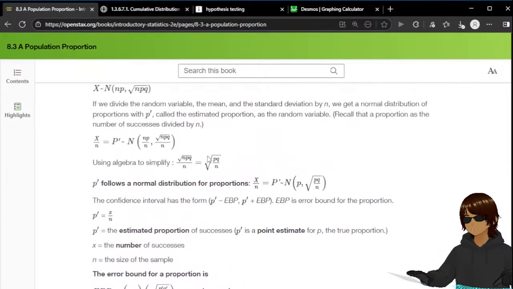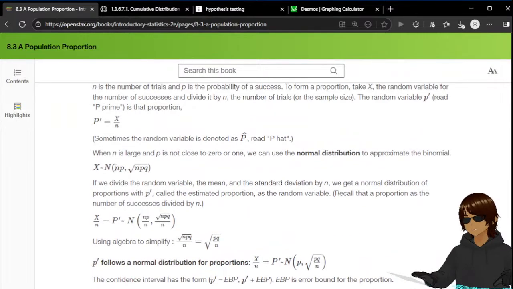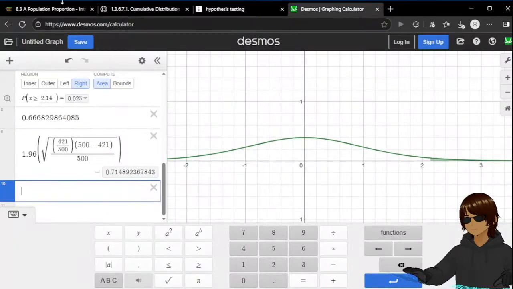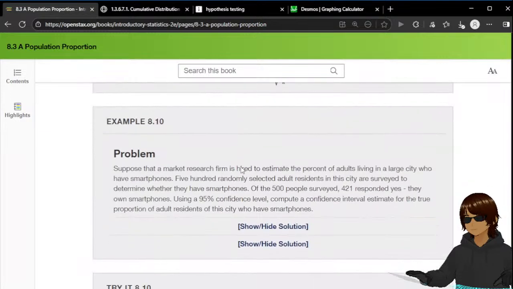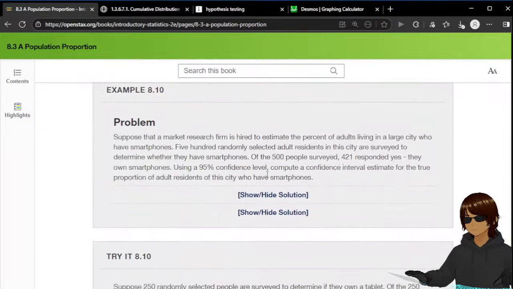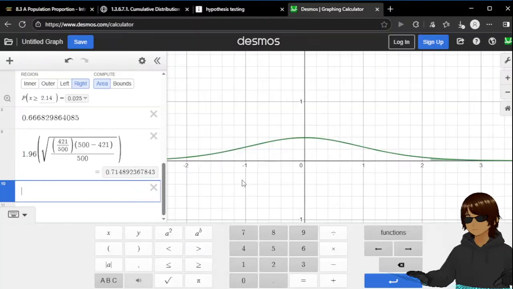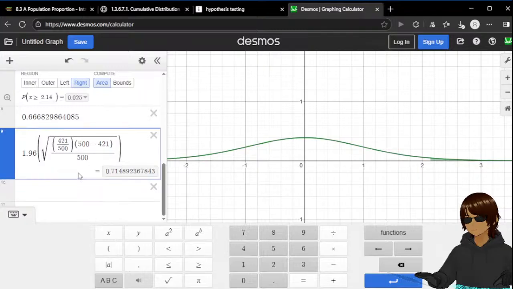Not square root, just 421. N times p. P is 421 over 500.